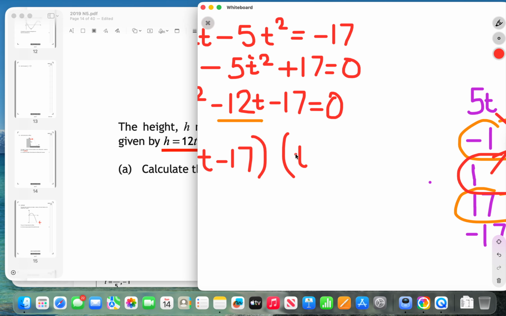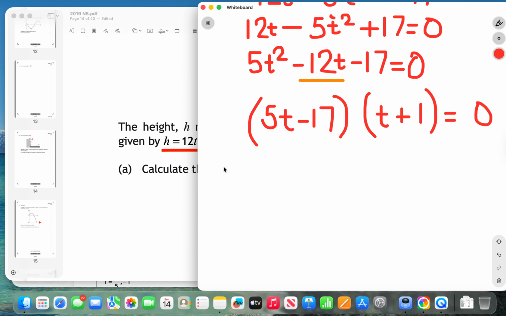So you've got 5t and minus 17. So we do 5t minus 17. And you get t and 1 if you cross them over.